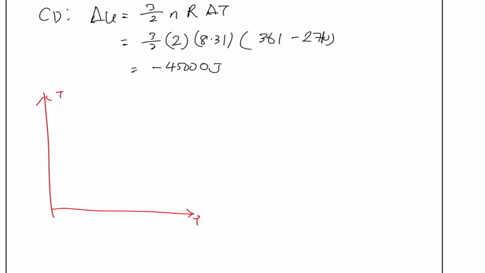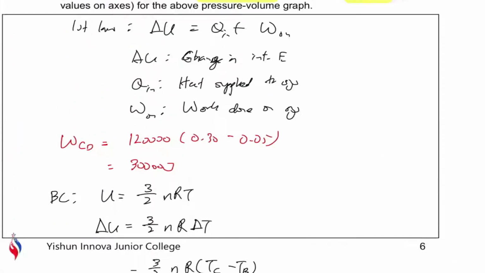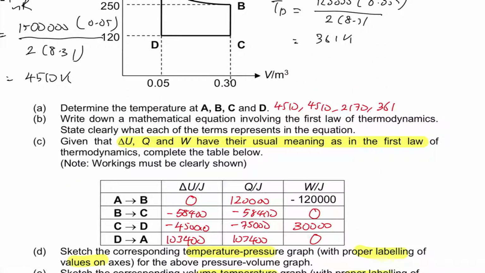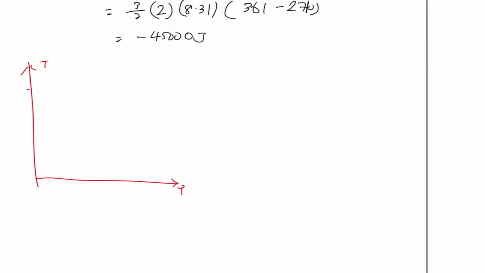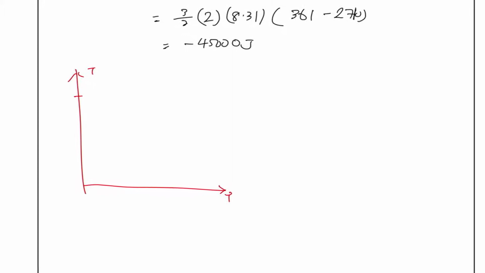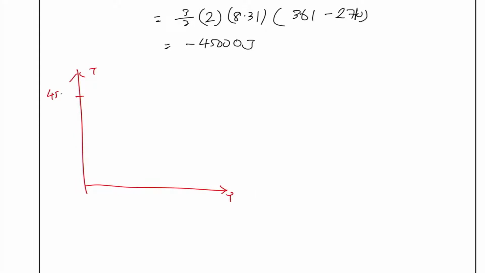Okay, let's see. We have 3 temperatures, right? 4510, 2710, and 361.